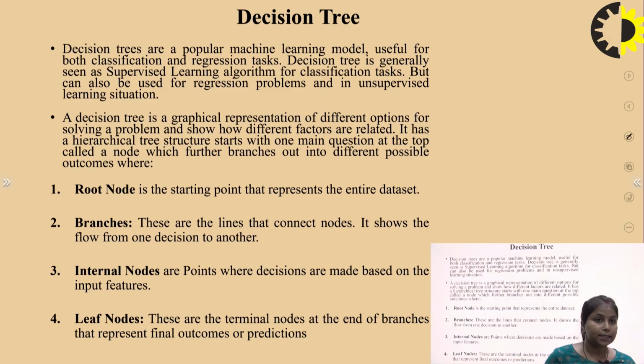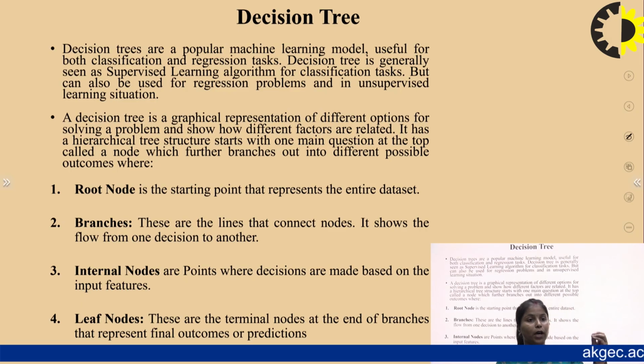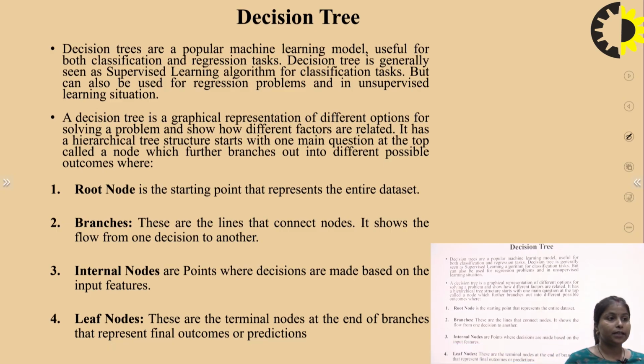In a decision tree, the topmost node is the root node. It is the starting point and represents the entire data set. Branches are the lines that connect the nodes and show the flow from one decision to another. Internal nodes are the points where decisions are made based on the input features.